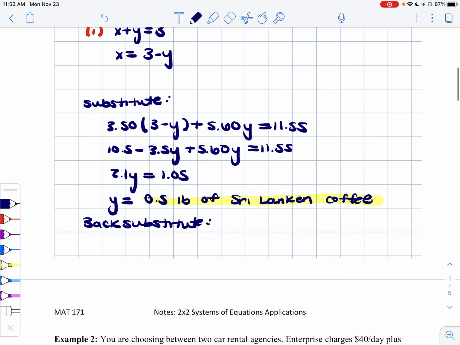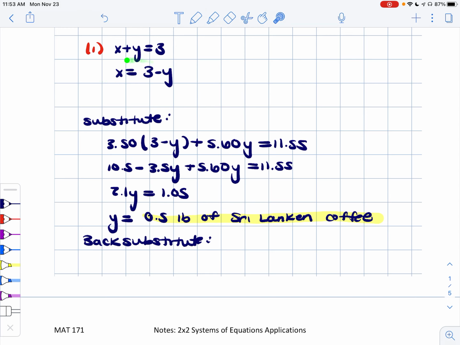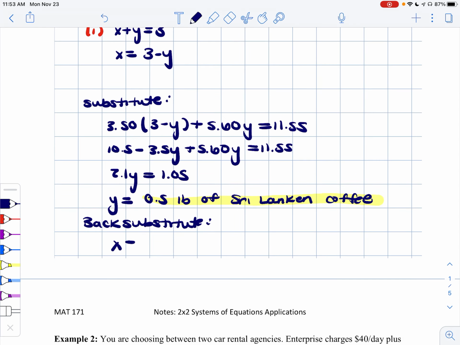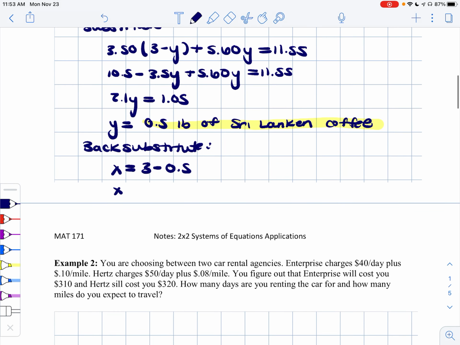The easiest place to plug it back into will be this equation that we just solved for x. So x is equal to 3 minus 0.5, or 2.5 pounds of the Kenyan coffee.